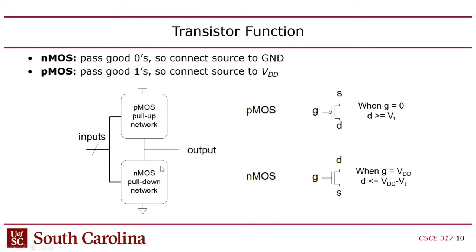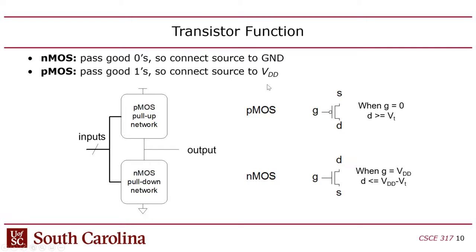So that's why the NMOS source and drain terminals need to be in the pull-down network. They've got to be closer to ground. Likewise, the PMOS, because its gate is sensitive to negative voltage, lower than the bulk, you want its source and drain to be closer to VDD. So you want the PMOS in the pull-up and the NMOS in the pull-down.